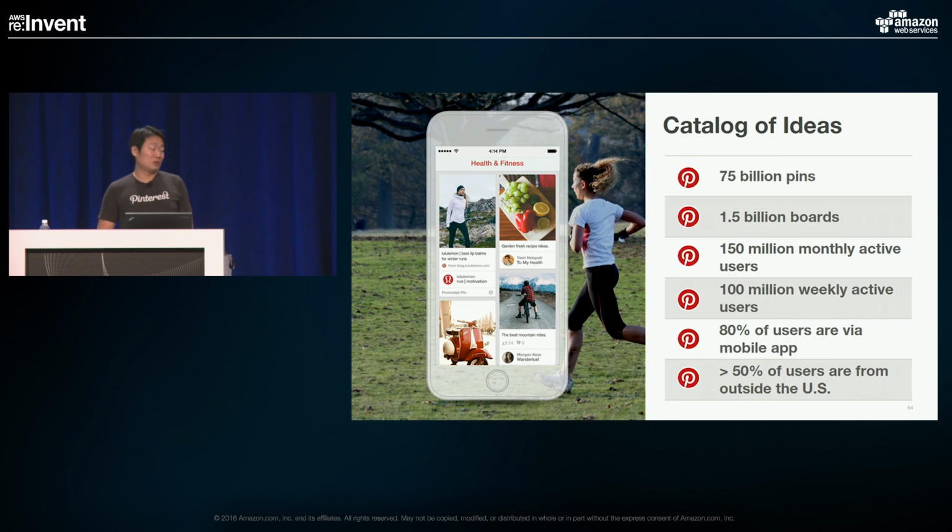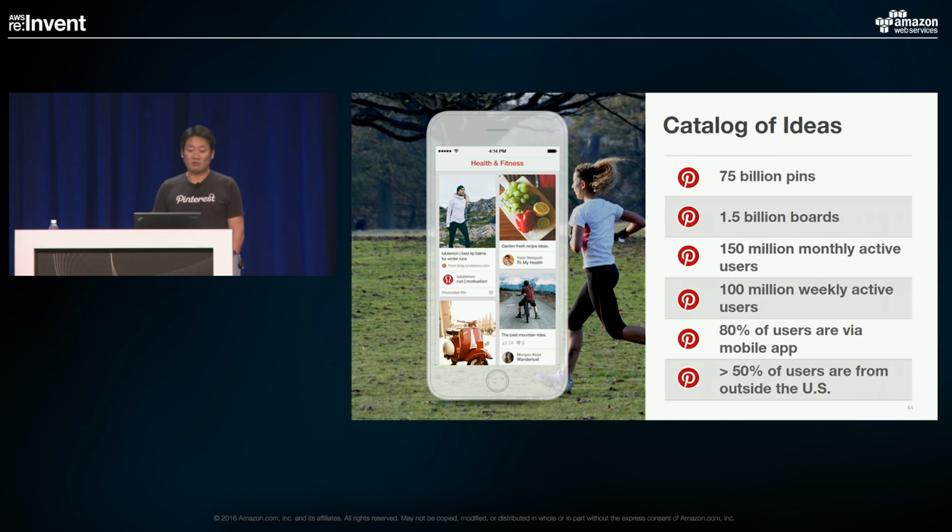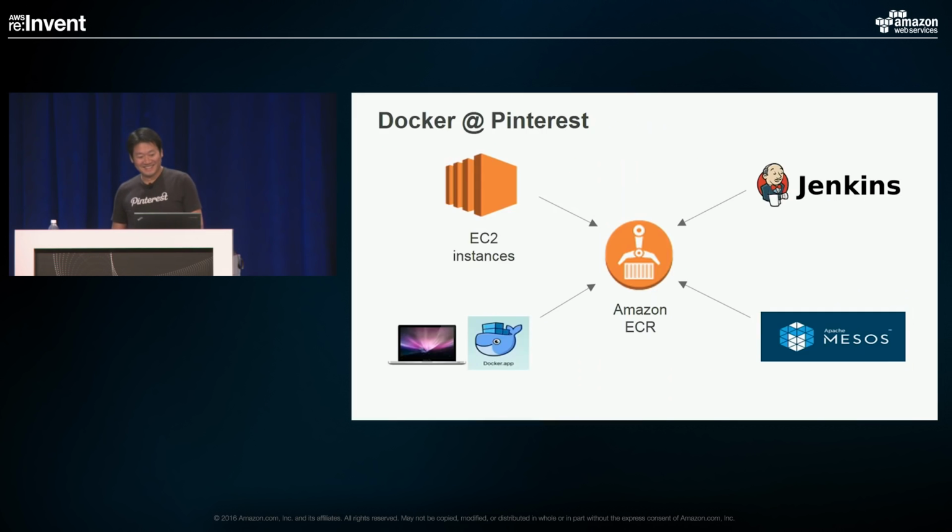Now we have grown a lot, of course, and nowadays we are running tens of thousands of EC2 instances, and we have over 100 petabytes of data in S3, which cannot even be packed into one Snowmobile truck.